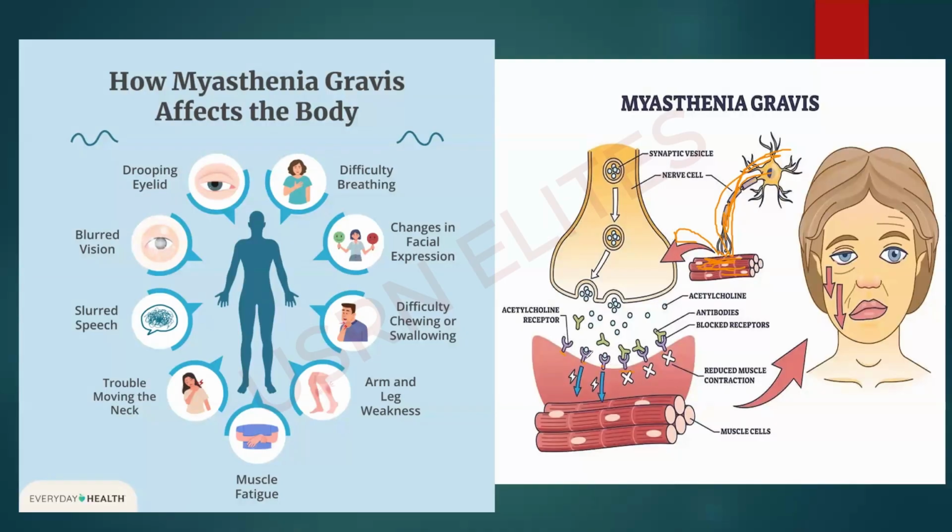Normally, for you to have a normal movement or a normal coordination between the nerve and the muscle, you have the acetylcholine, the one that is round over here. They should fit in the receptors normally, like how you see this one here.